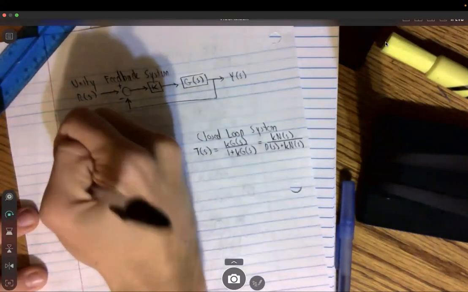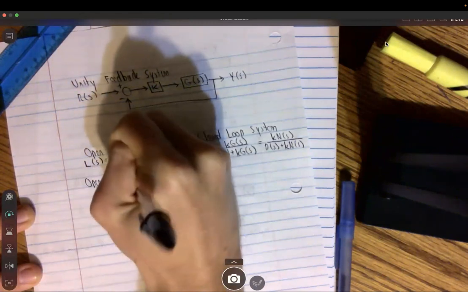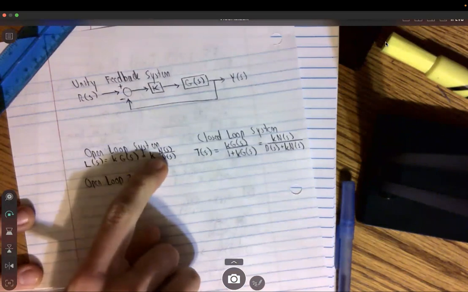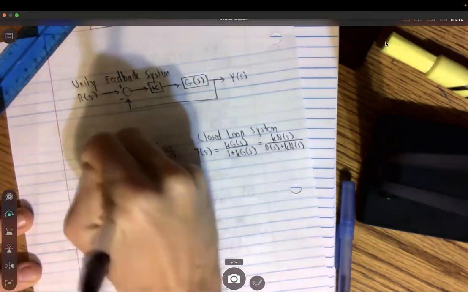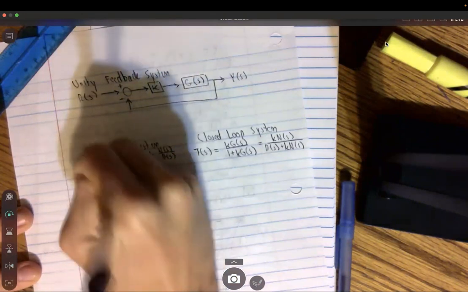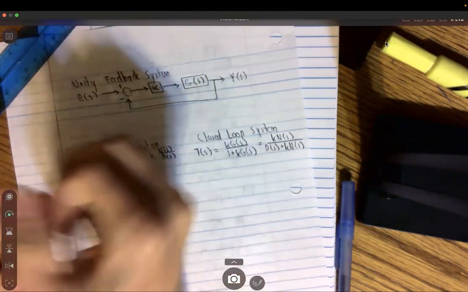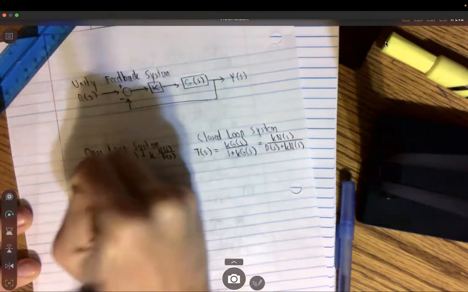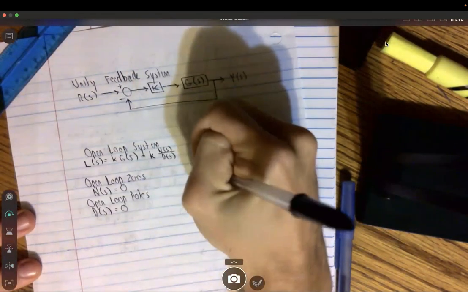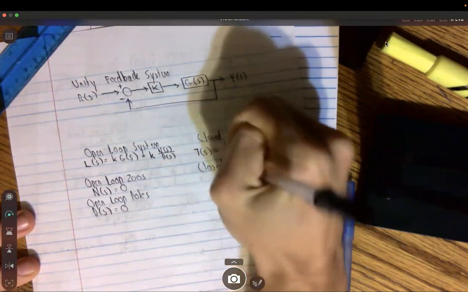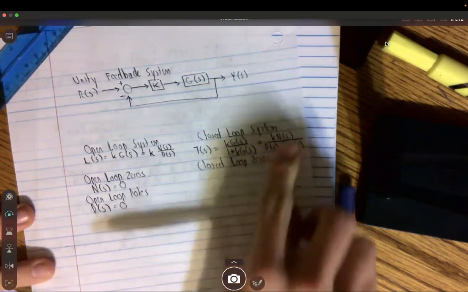So what about your open loop zeros? For your open loop zeros, that's when N of S will equal 0. For your open loop poles, that's when your denominator is going to be equal to 0. So that's when D of S is equal to 0. And then when we're looking at our closed loop zeros, the closed loop zeros are going to occur when our numerator here is equal to 0.